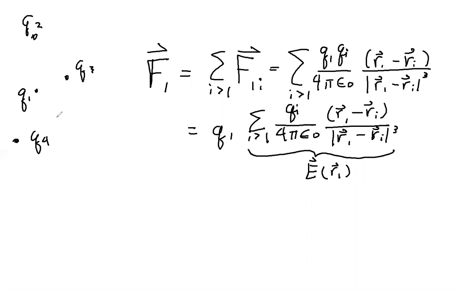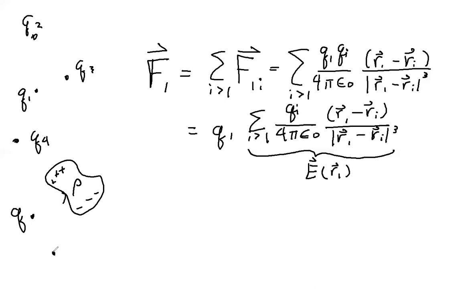So this is if you have a bunch of discrete charges, but you can also write it for the case where you have a normal charge Q, and you have some distribution of charge, like maybe there are some positives over here, some negatives over here, and some continuous charge in between. We have a charge density that we'll call rho.